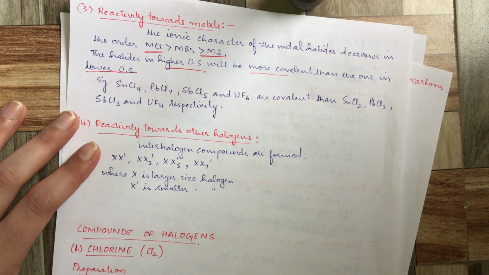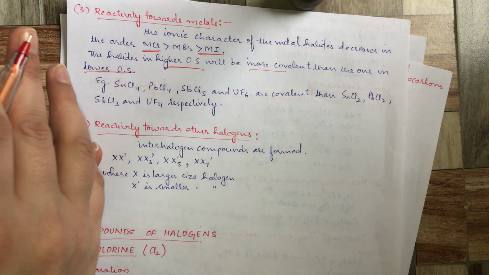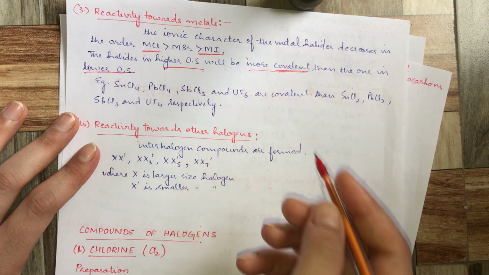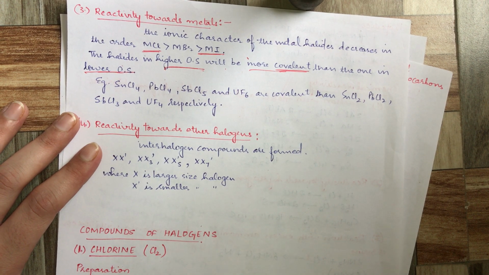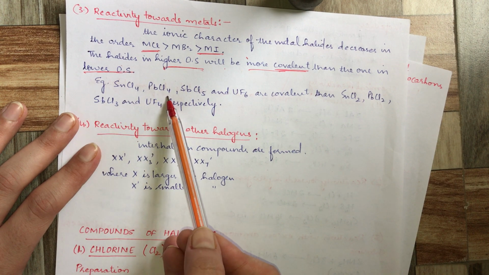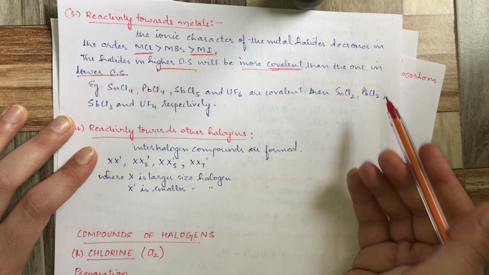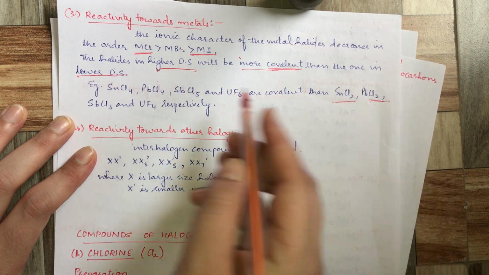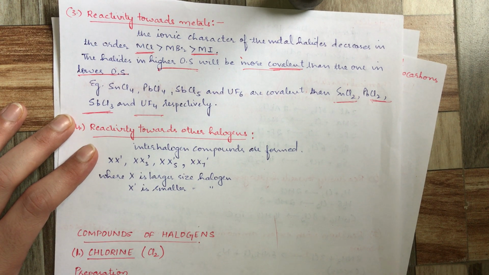But here, what you want to know is that the halides which have higher oxidation state are more covalent, and the one which has lower oxidation state are ionic basically. For example, SnCl4, PbCl4, SbCl5, UF6 are covalent, and SnCl2, PbCl2, SbCl3 are less covalent because their oxidation state is lesser.